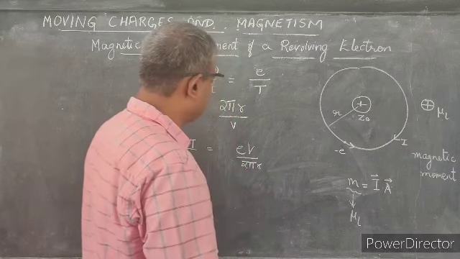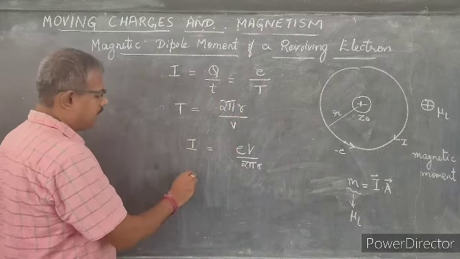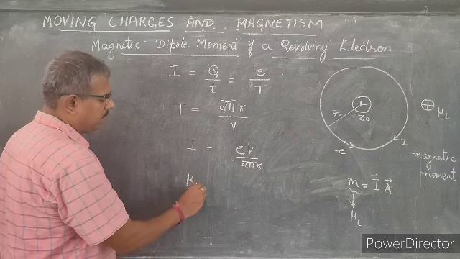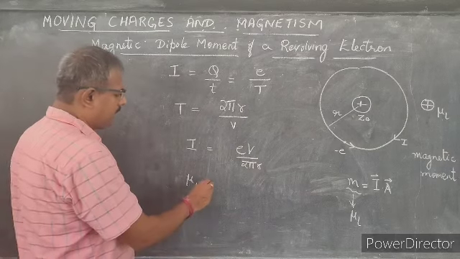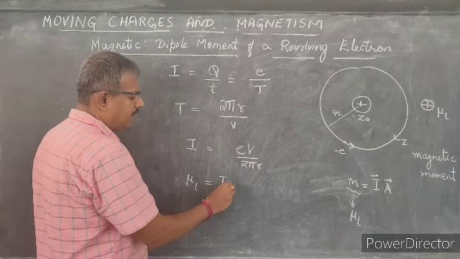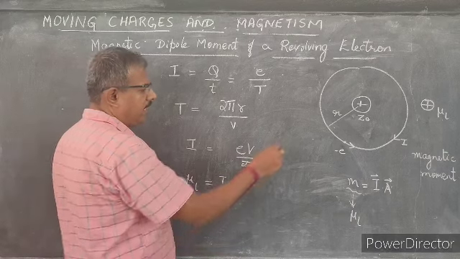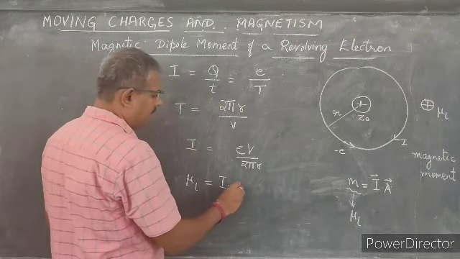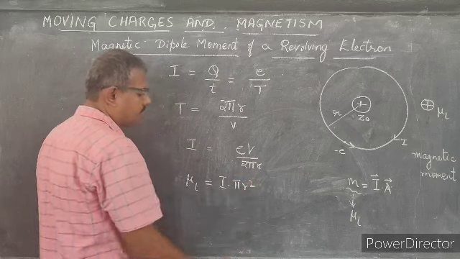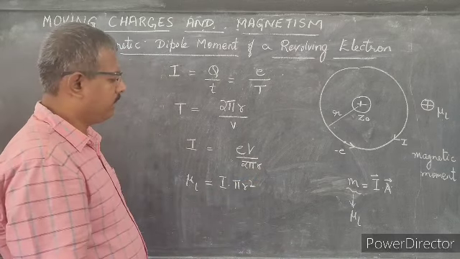Now, if I were to consider the magnetic moment mu L, it's given by I times the area. Area is given by pi r squared of the orbit.